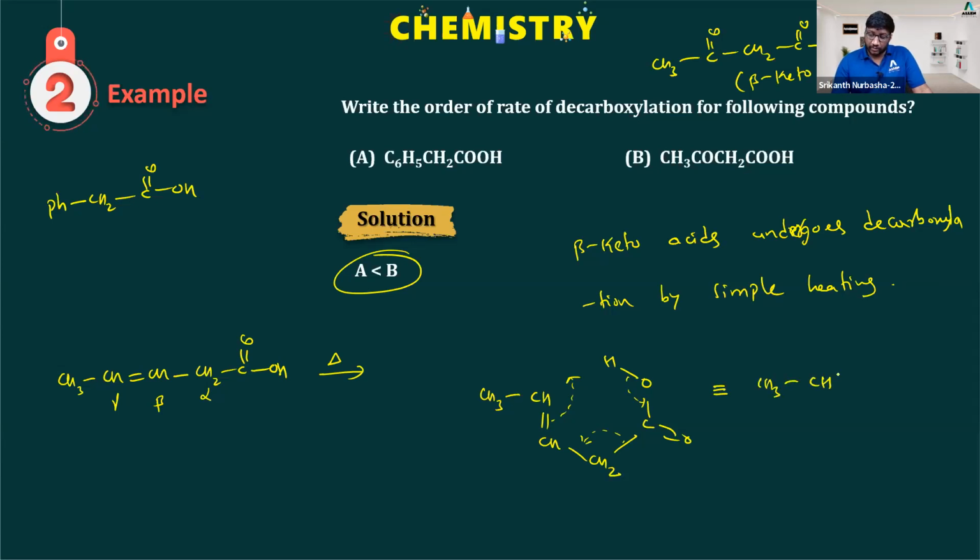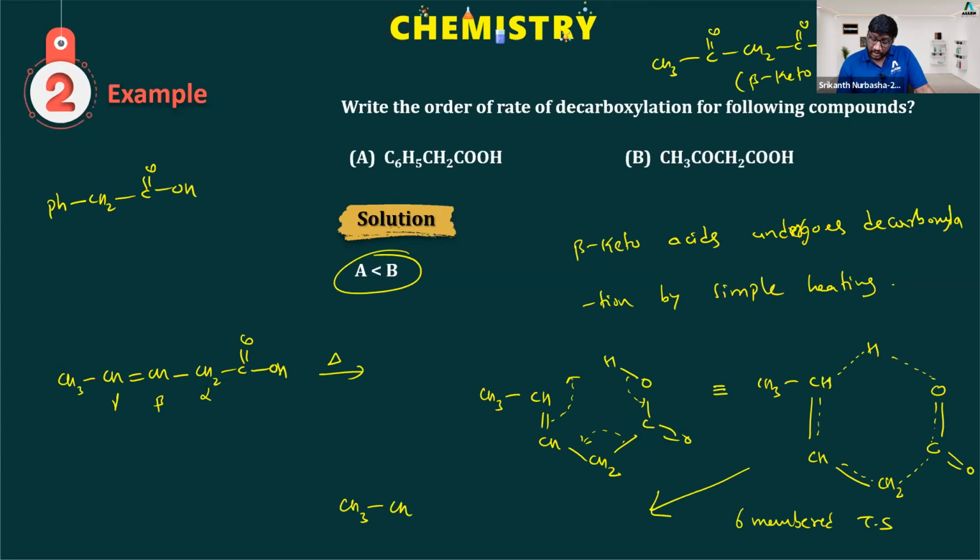A new bond is going to be formed and the old bond is going to be broken. A new bond is supposed to be formed here, this bond is supposed to be broken, and this bond is supposed to be broken. And these bonds are as they are. This is the 6-member transition state. This will immediately lead to the formation of what?